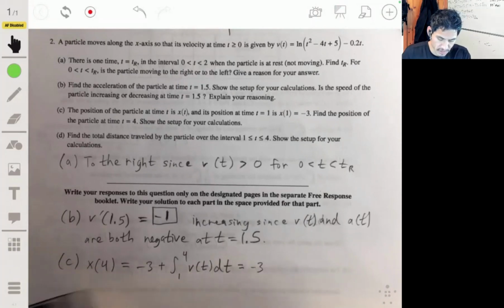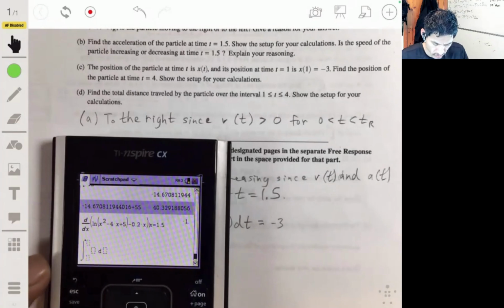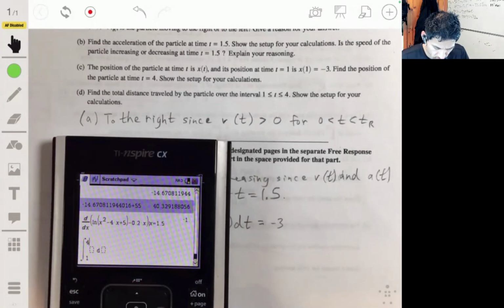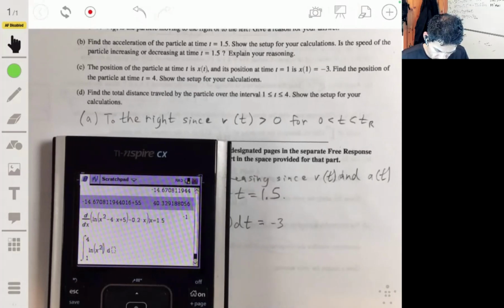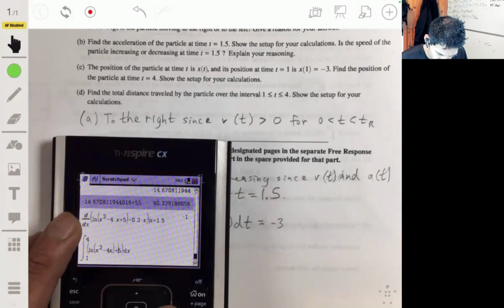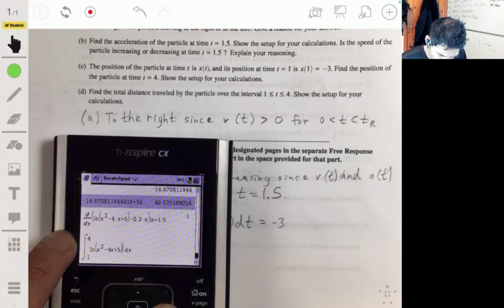We again just can evaluate this. So 1 to 4, the natural log of x squared minus 4x plus 5 minus 0.2x.